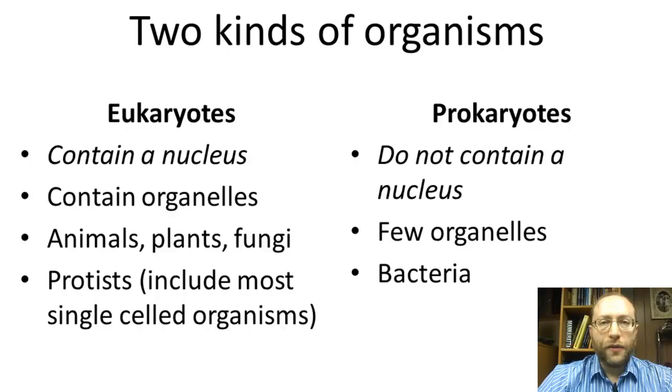We divide all life into basically two groups depending on what's in the cell: eukaryotes and prokaryotes. We are eukaryotes, and eukaryotes are all cells that contain a nucleus. That's the chief thing to remember about eukaryotes. They also contain a lot of the other organelles like mitochondria, and these include animals, plants, fungi, and also protists.